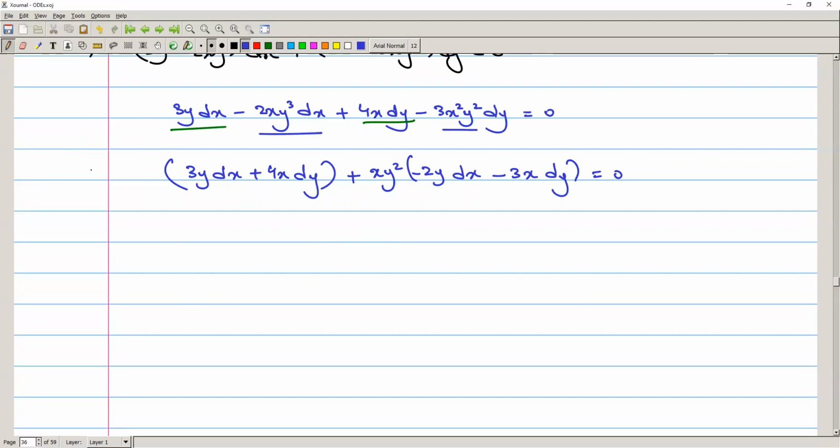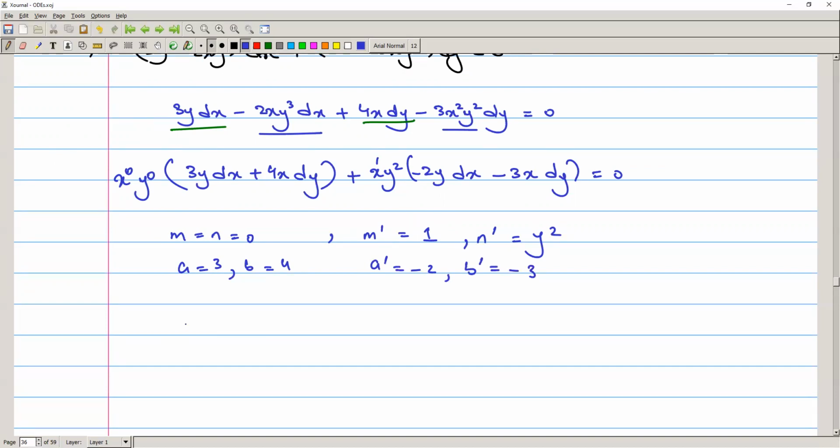It's necessary. So here we can see this is x to the power 0, y to the power 0. So m and n both are 0, right? a is equal to 3, b is equal to 4. Here m prime is equal to 1 because of power 1. n prime is equal to y squared. a prime is negative 2, b prime is negative 3.